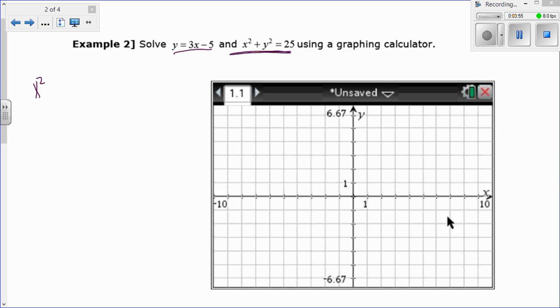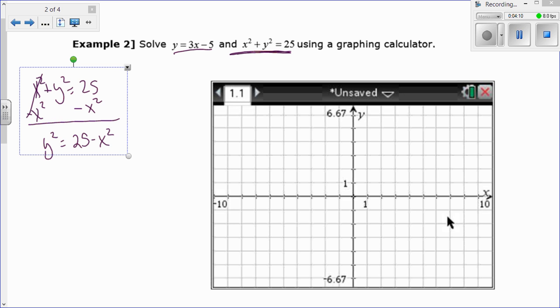So x squared plus y squared equals 25. Subtract x squared from both sides, so y squared equals 25 minus x squared. Since this is y squared, take the square root of both sides. So y equals plus or minus the square root of 25 minus x squared.